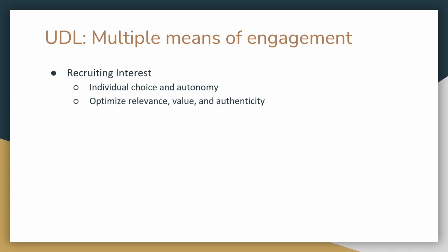For example, some learners may like to work alone, while others prefer to work with their peers. Therefore, we will provide alternative ways to recruit learner interest. We can offer choices in how that objective can be reached, and ensure students are learning something relevant to them. We need to make learners believe that they own and value their learning.